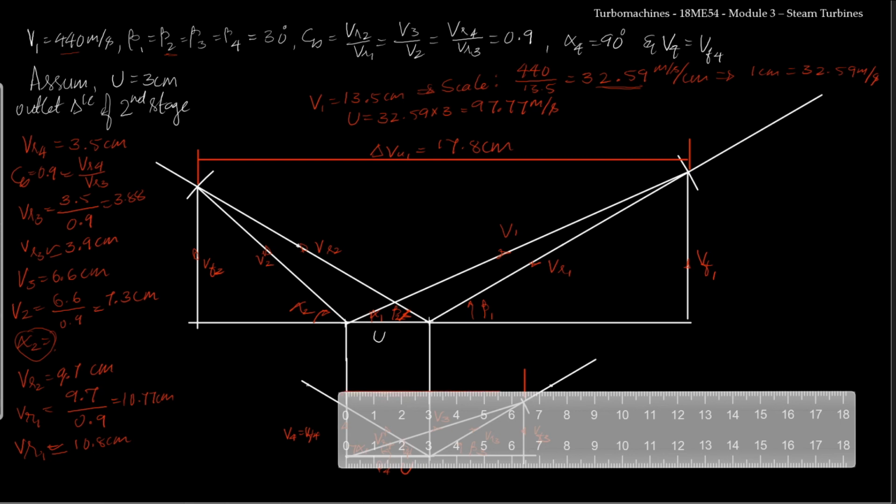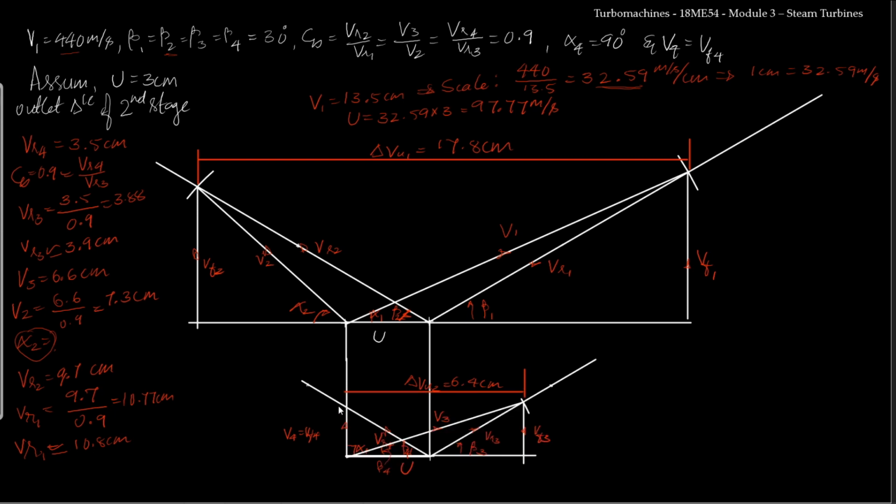From here till here, it is our delta Vu2, and delta Vu2 is equal to 6.4 centimeter. We need only these two values from the velocity triangle, and we have satisfied the condition that V4 should be axial. So alpha 4, if you measure here, it is 90 degree. So we have satisfied that condition.